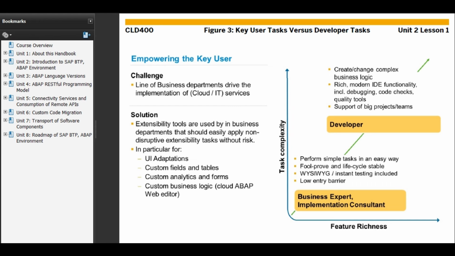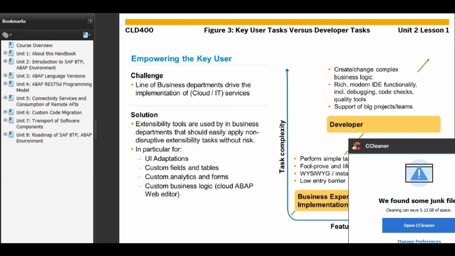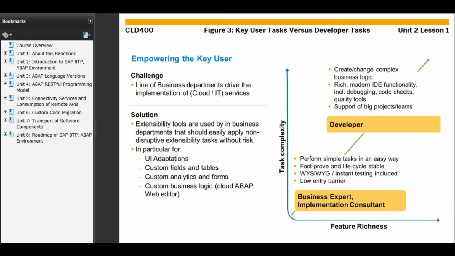So extensibility tools are used by business departments, and they should easily apply non-disruptive extensibility tasks, in particular UI adaptations, custom fields and tables, adding custom analytics and forms, and custom business logic. These are all things we can do.